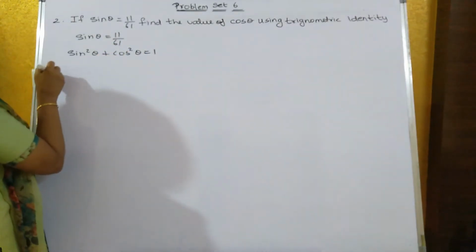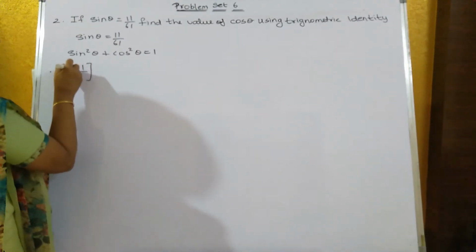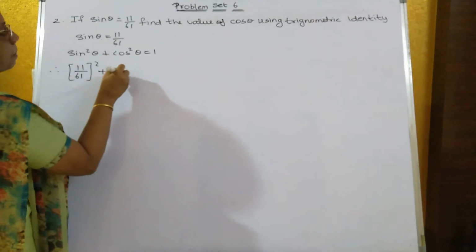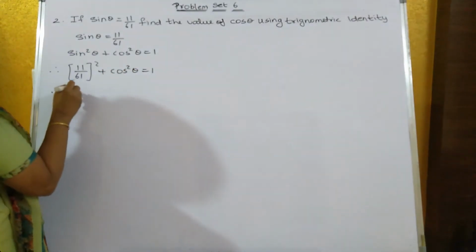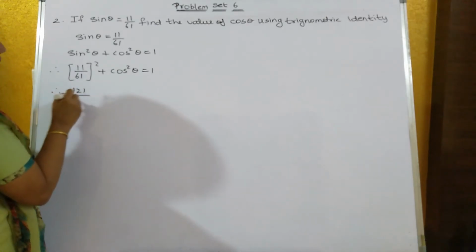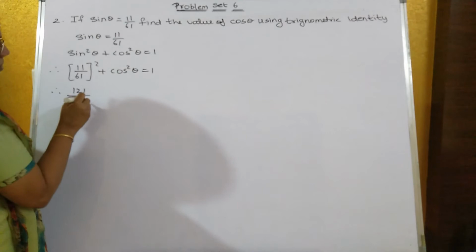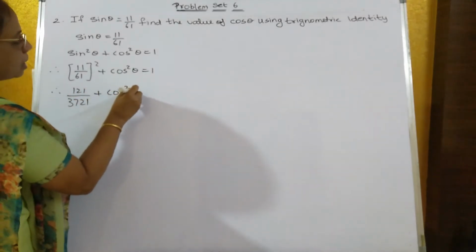Put the value of sine theta, that is 11 upon 61 the whole square, plus cos square theta is equal to 1. Therefore 121 upon 3721 plus cos square theta is equal to 1.